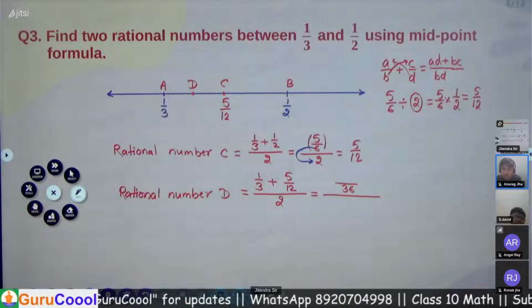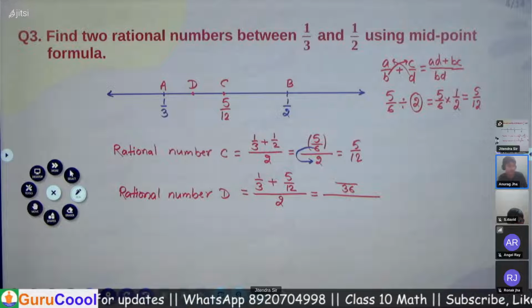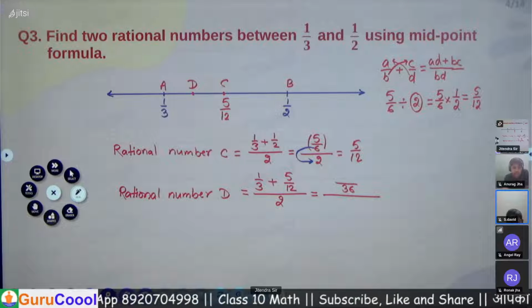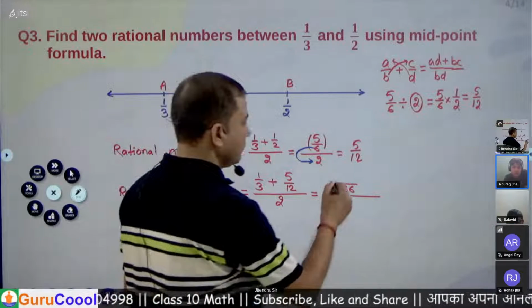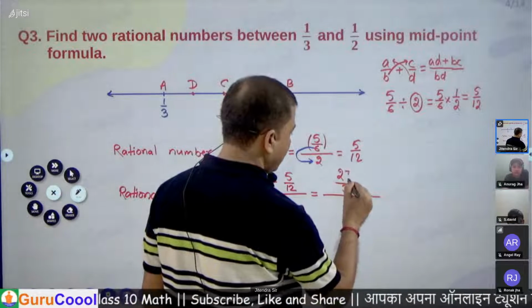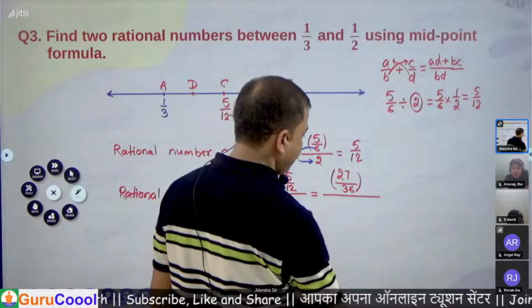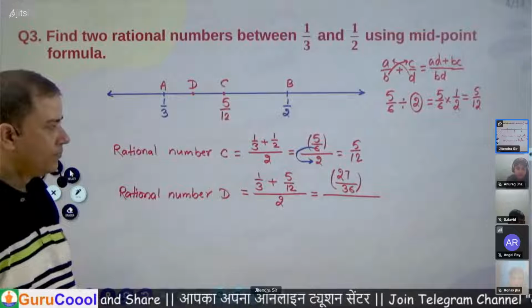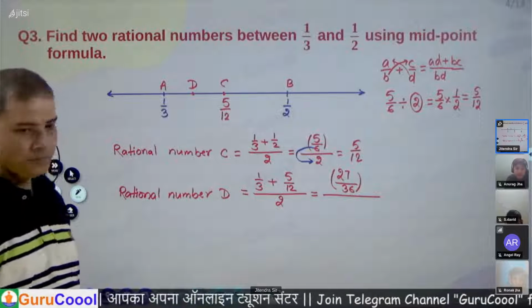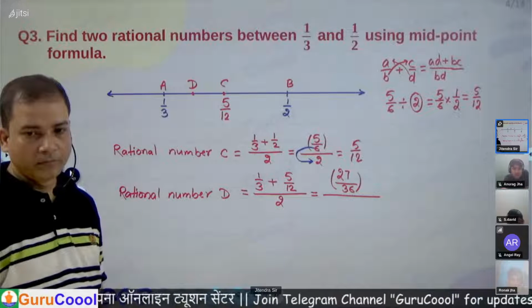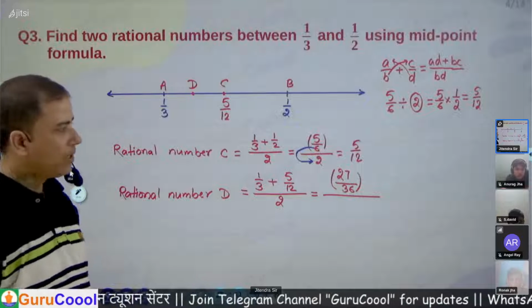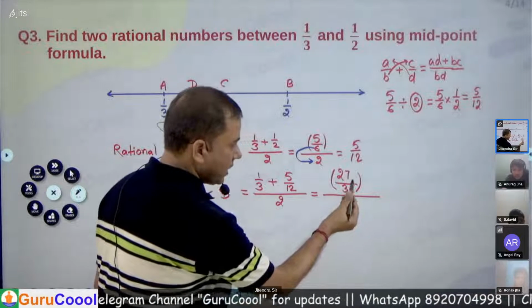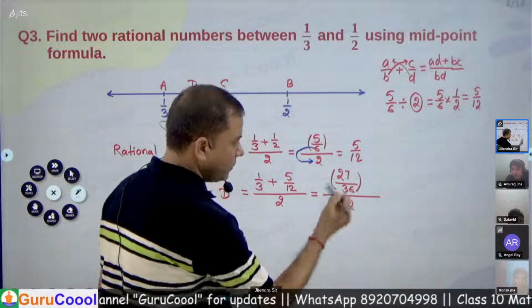You are very nervous, correct? 12 plus 15 is 27. So 27 by 36 is that, and this is divided by 2.